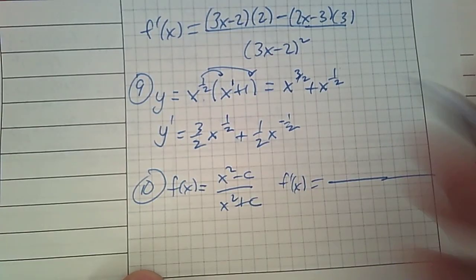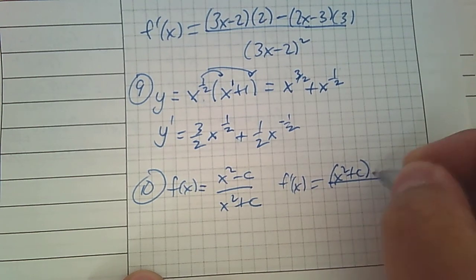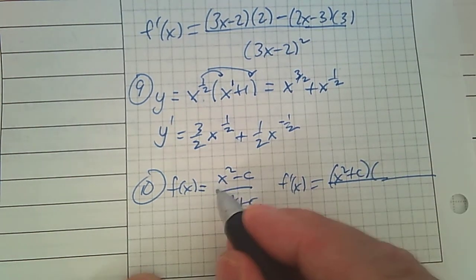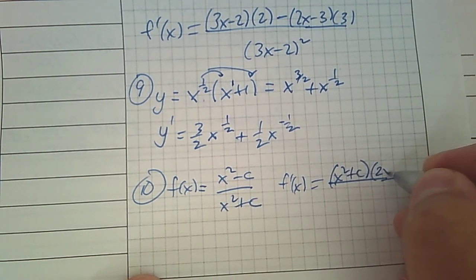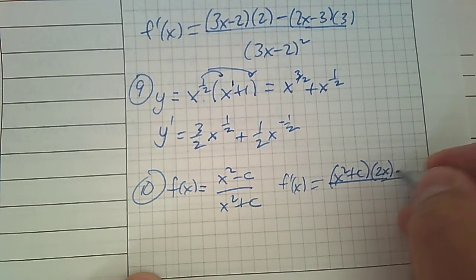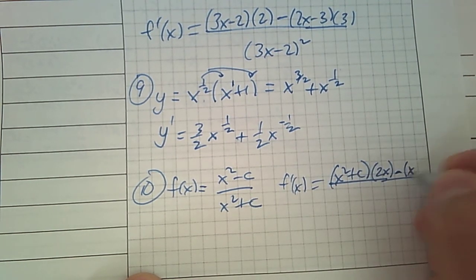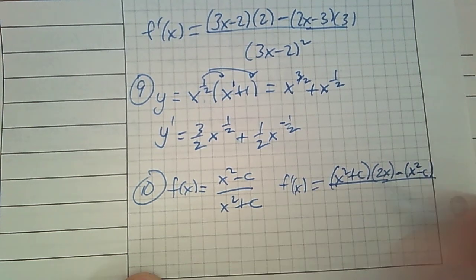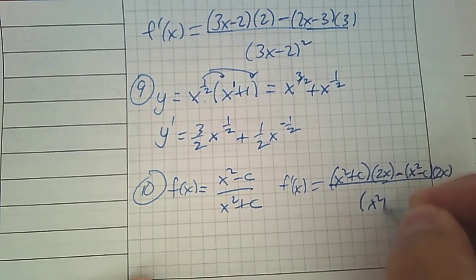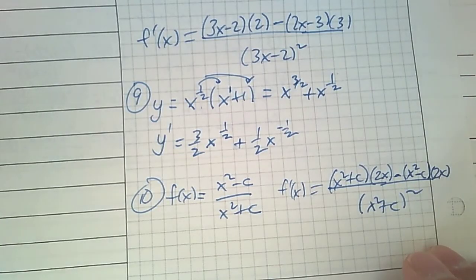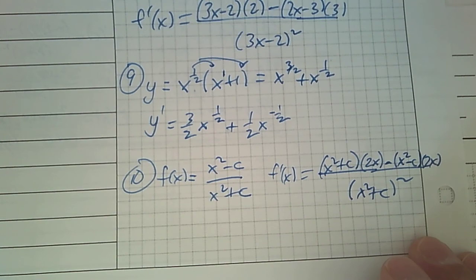So the quotient rule is the bottom times the derivative of the top. The derivative of x squared is 2x, and the derivative of any constant is 0. Subtract the top, x squared subtract c, times the derivative of the bottom, which is 2x, and then take the whole denominator and square it. Number 11.